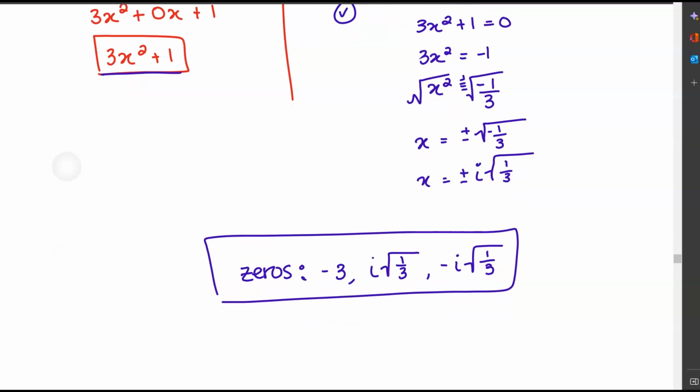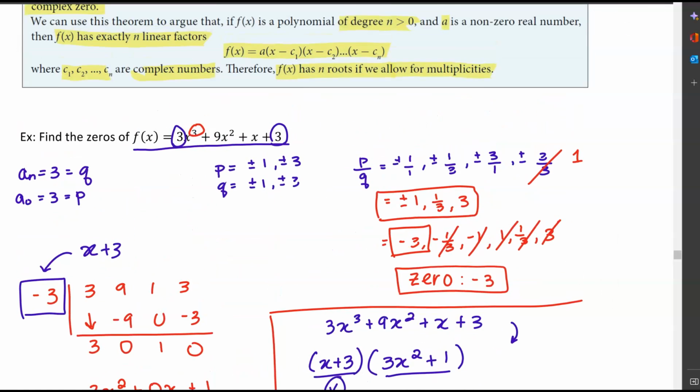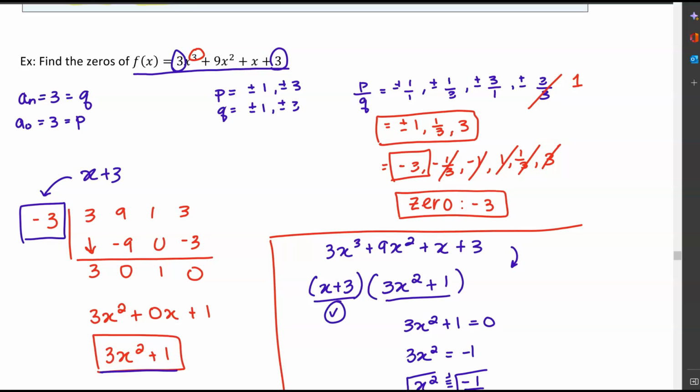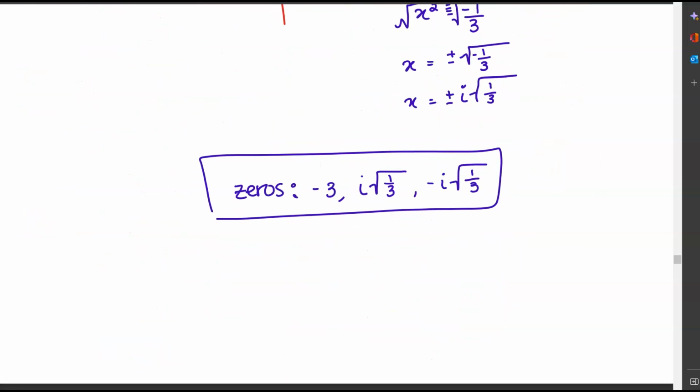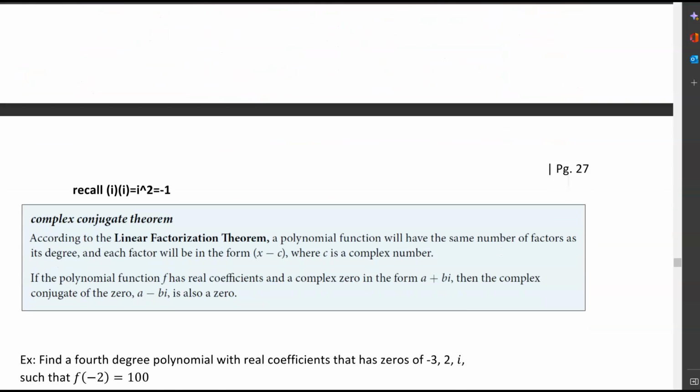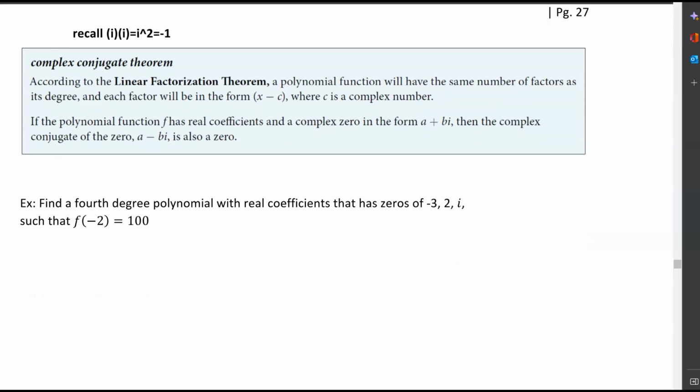All right, so that's how we find all of the zeros of this polynomial based off of the fundamental theorem of algebra. All right, let's take a look at the complex conjugate.